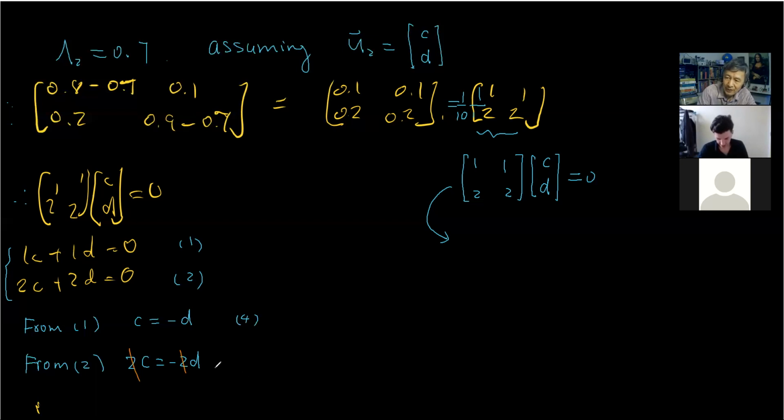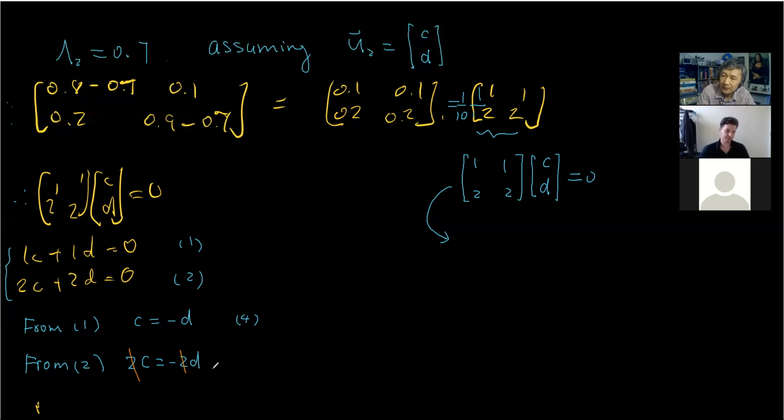This is where some students stop, because they didn't see a direct concrete result. But we are not looking for the absolute value for C and D, because as we did before with lambda 1, we cannot fully determine the eigenvector. However, we are able to find its direction.